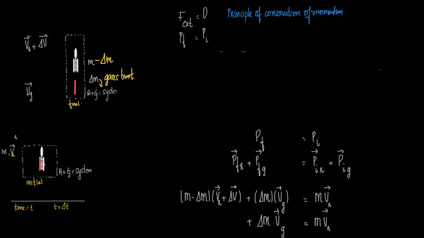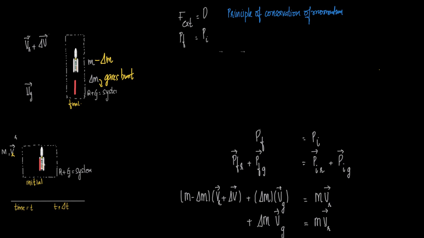Since the motion of this system is governed only by the internal constituents, we can say that F external acting on this is equal to 0, and therefore by the principle of conservation of linear momentum, the final momentum is equal to the initial momentum, right?